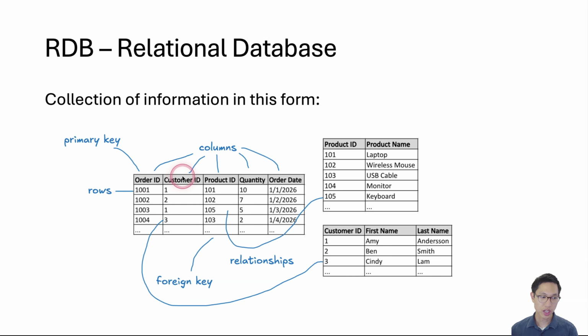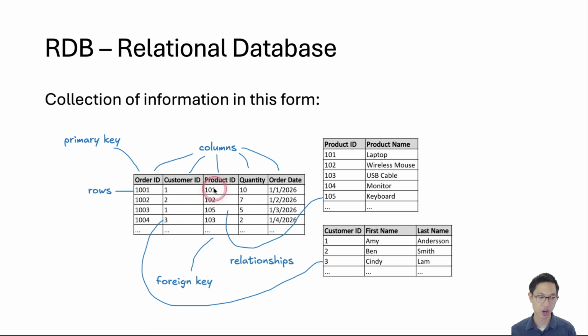The customer ID column here is connected to the customer ID from the customer table. Similarly, the product ID is connected to the product ID in the product table. This is called relationships, and in more detail, foreign key relationships.